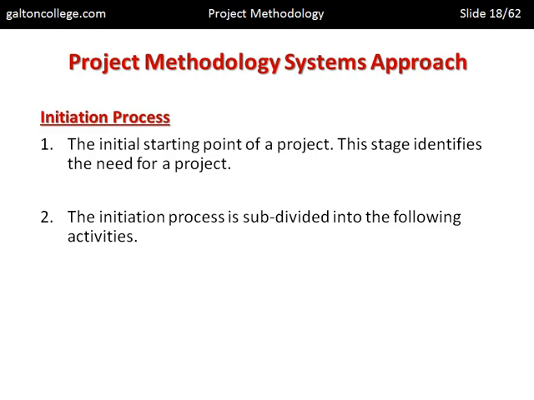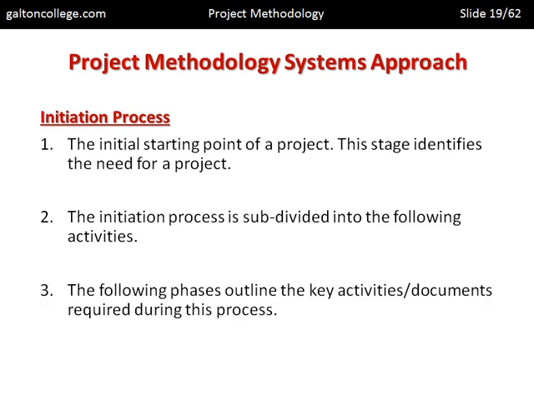The initiation process is subdivided into the following activities. The following phases outline the key activities or documents required during the process. So we'll break up the initiation process because it's subdivided into the following activities.